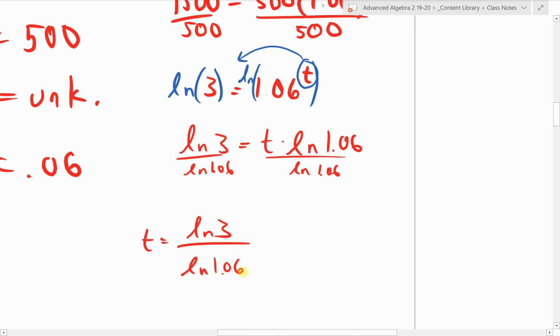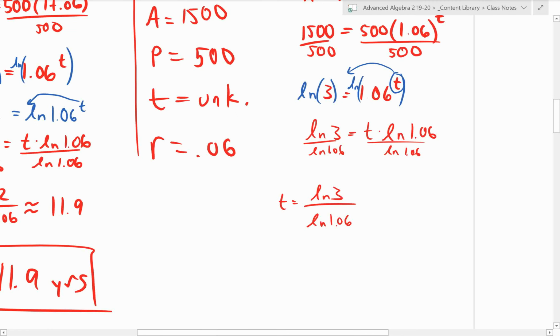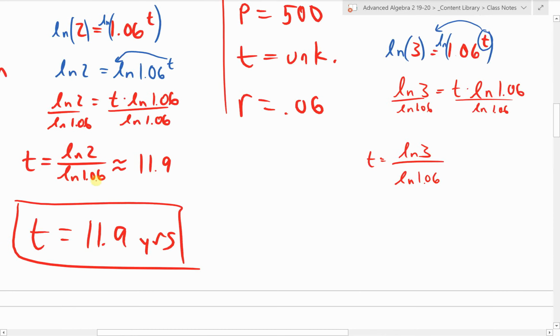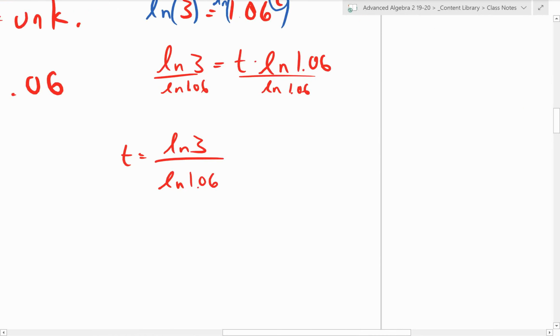of 1.06. And you could see real quick, in order to double, I did natural log of 2 divided by natural log of 1.06. If I wanted to triple, it was natural log of 3. If I wanted to multiply it 10 times what I started with, I would just have natural log of 10 here. So we could keep growing it really quickly without having to work through all of those steps if we wanted to.